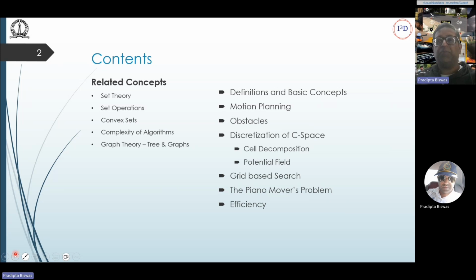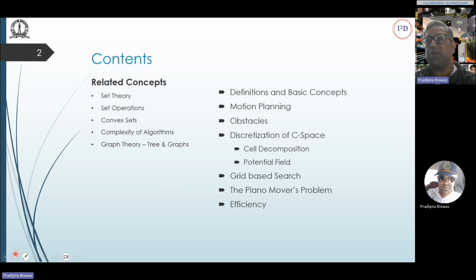And we'll also discuss the complexity of algorithms. We discussed time and space complexity and big O notation when we compared state space search algorithms like DFS, BFS, A-star. And I think at this point, we are already well accustomed with the basic concepts of graph theory in terms of trees and graphs.